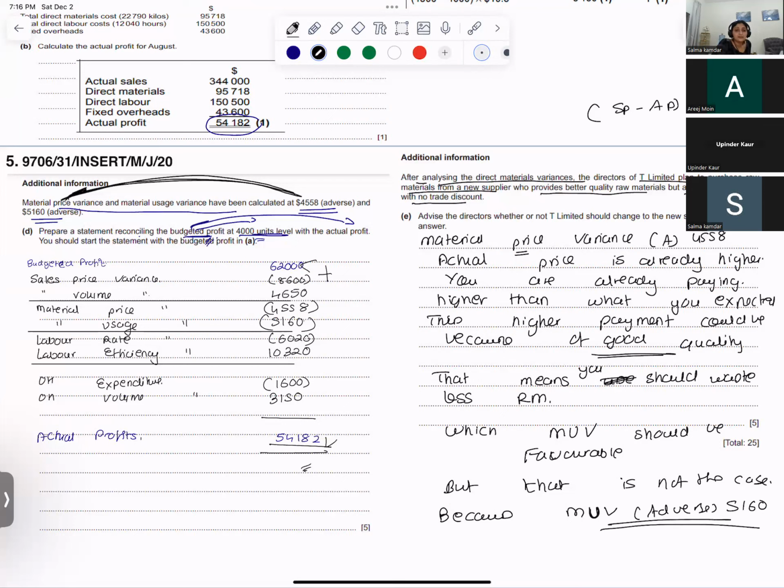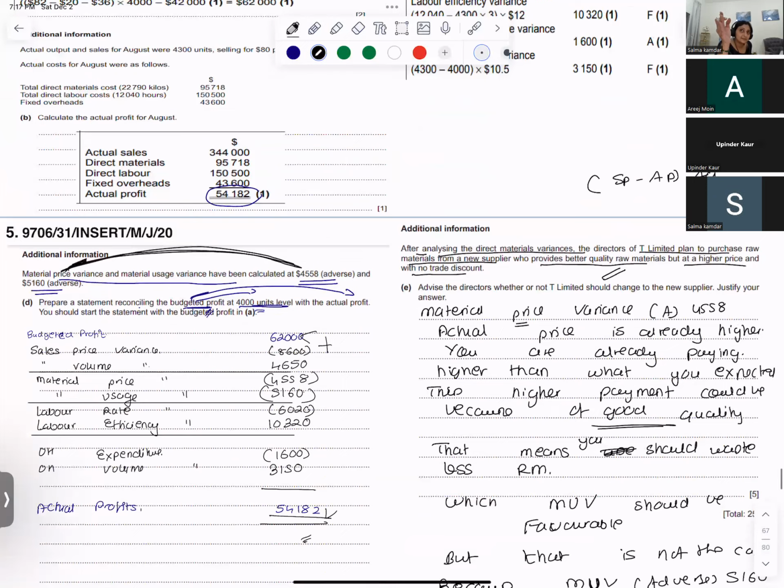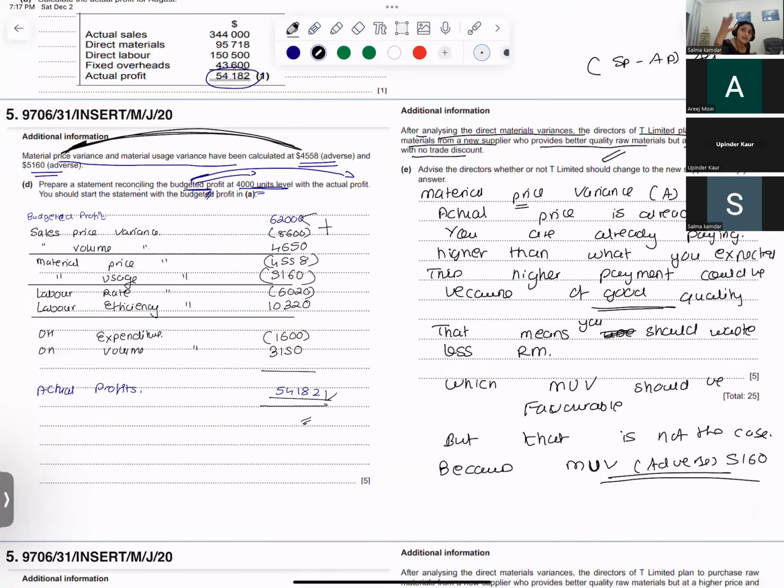So if you shift to a new supplier who is giving better quality raw material, should you consider this suggestion? No. Why? You're already paying a higher price, but still you are keeping on wasting your material and your usage variance is also adverse.